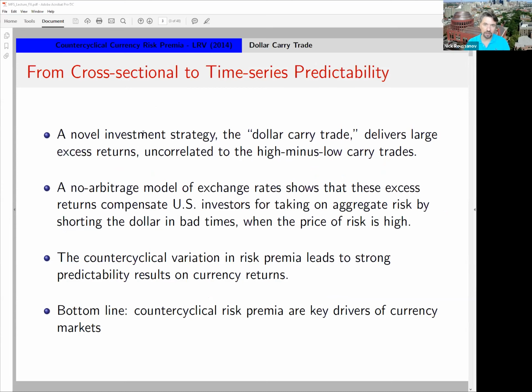predictability. So what Adrien talked about, going back to our work with Hanno, was primarily this sorting on interest rates or interest rate differentials or forward discounts that gives rise to this high minus low carry trade factor.